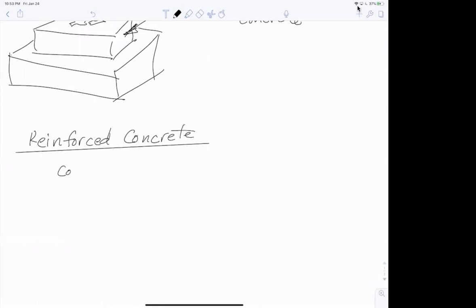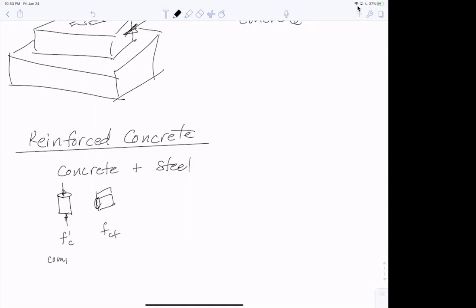Okay, this is concrete plus steel. And so why would you combine concrete and steel? Well, you took 3210 and you found out that in that class we have the compressive strength, F prime C, and then we had this split cylinder strength, the tension strength, which was FCT.